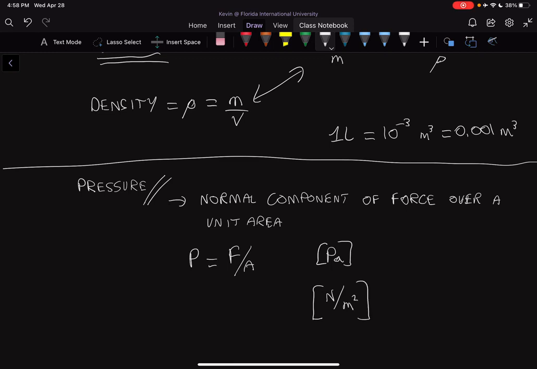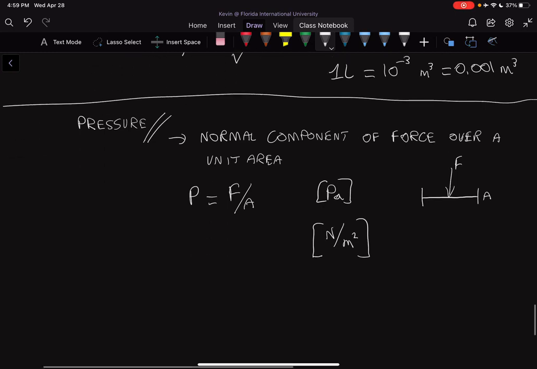So if we define pressure per unit area, we have a certain area where the force is being applied, and a force would be applied on that area, and that is the equivalent of the pressure. Okay, so it's important to talk about that.